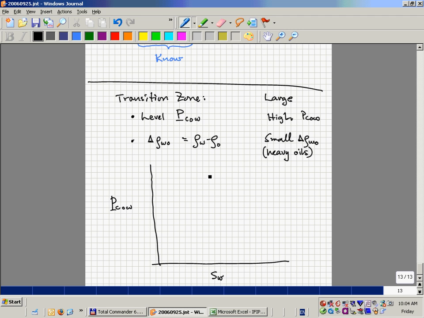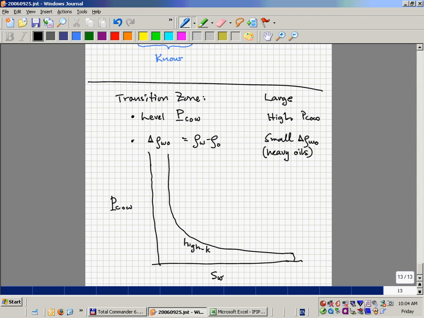It looks something like this. For a high permeability rock, it looks like this. This is a high permeability rock. I'm not going to put a scale on it.